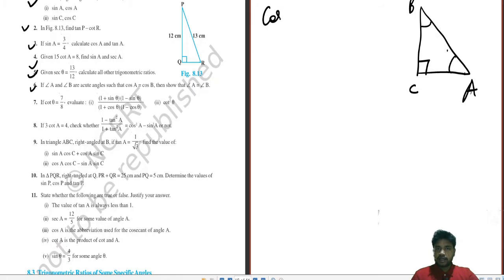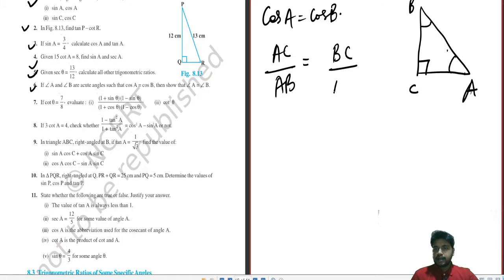If cos A equals cos B, okay, so that means cos A will be AC by AB, base by hypotenuse, and cos B means BC by AB. Look over this.